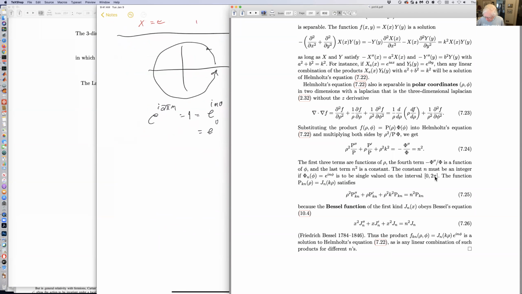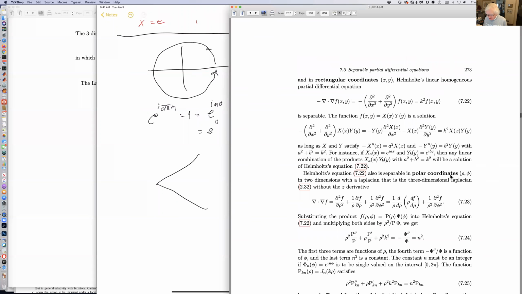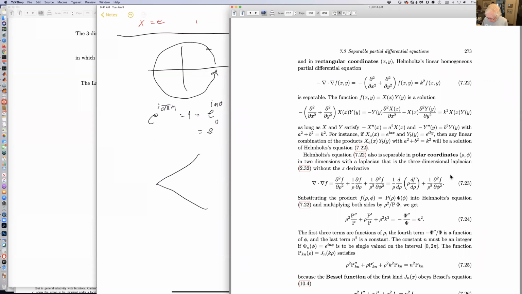Sometimes you don't need to. In other words, you could be discussing a problem in which you're solving, let us see, which equation is this? This is Helmholtz's equation. You're solving Helmholtz's equation in a wedge.